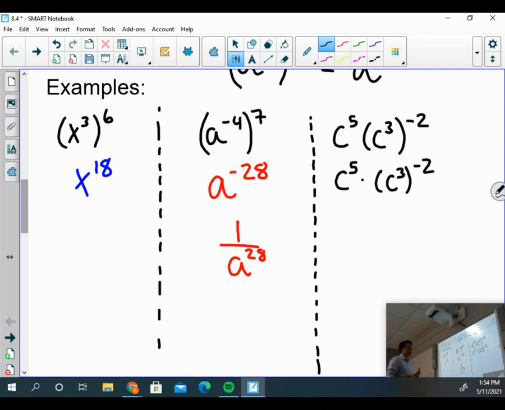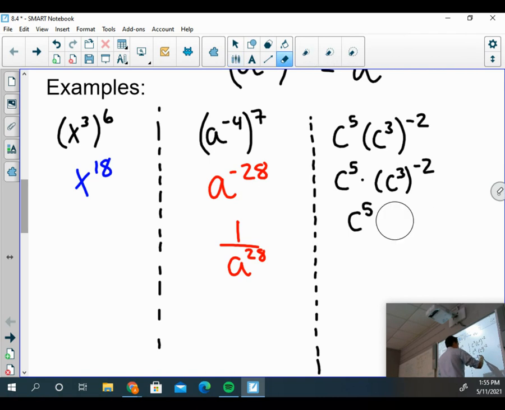It is imperative you understand order of operations. Maybe you learned the acronym PEMDAS or GEMS, depending on what you were taught. We know that exponents need to come before multiplication. So before I work with the c to the fifth and the multiplication, I need to handle my exponents. c to the third is being taken to the negative second power. So the c to the fifth will just come along for the ride for now.